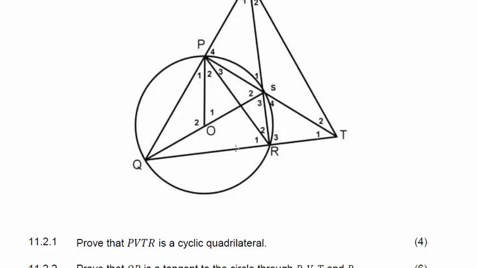We know that the opposite interior angles of a cyclic quadrilateral add up to 180. We know that the exterior angle of a cyclic quadrilateral is equal to the opposite interior. If we have a cyclic quadrilateral, there are certain theorems we can apply.